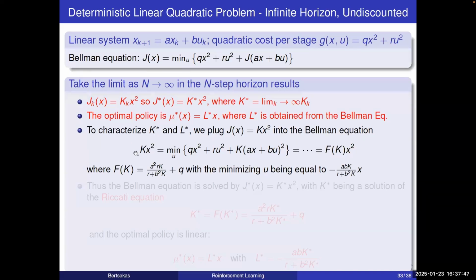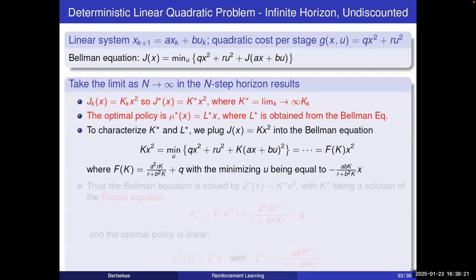the Bellman's equation ends up in this formula if we start from some function K times x squared, the quadratic. So we cancel out those x squared on both sides. Essentially, Bellman's equation simplifies to a scalar equation that only involves this quadratic parameter K. So the original infinite dimensional problem becomes a one dimensional problem, which is solvable.